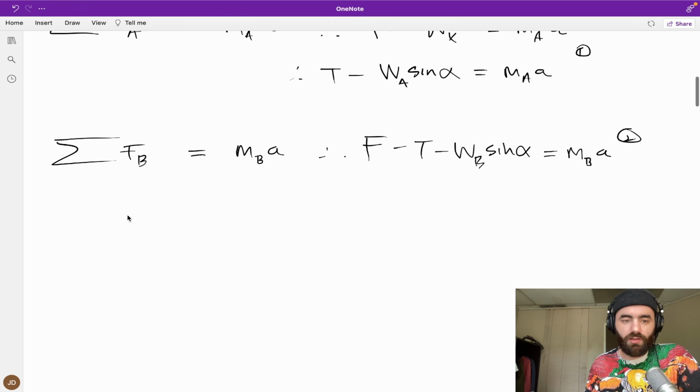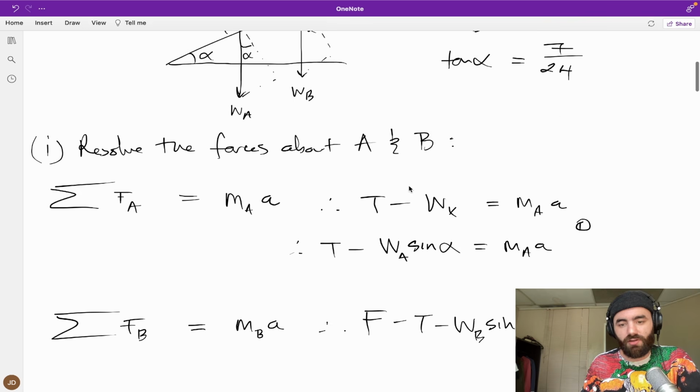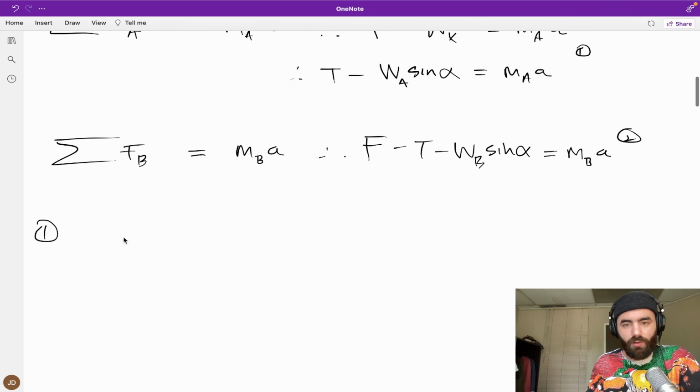Now if we actually put some of these values in, what are we trying to find? We're trying to find the acceleration and the tension. So for equation 1, we can say T equals m_A a plus W_A sine alpha.